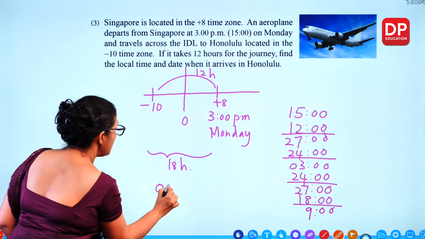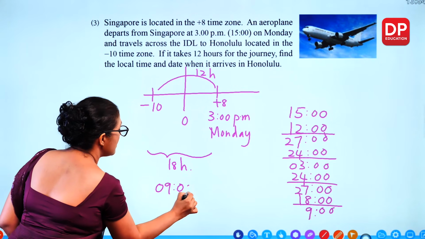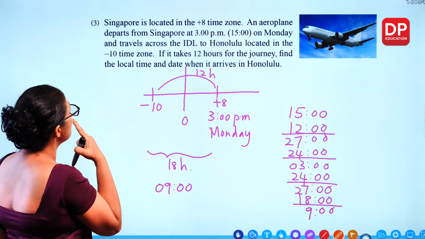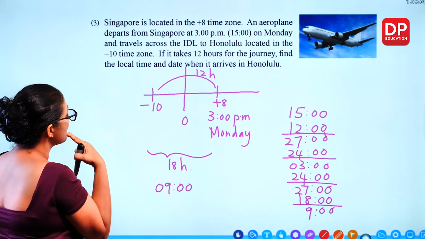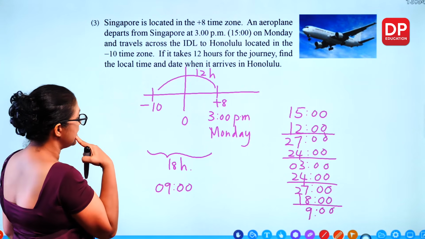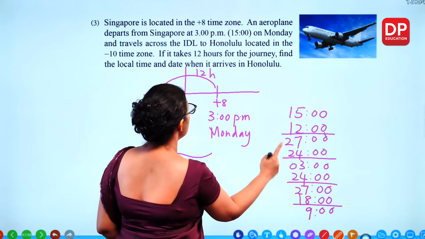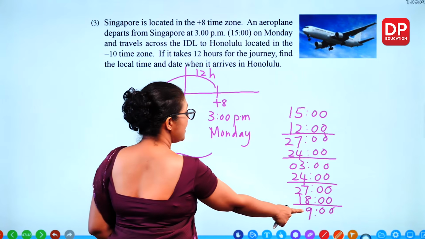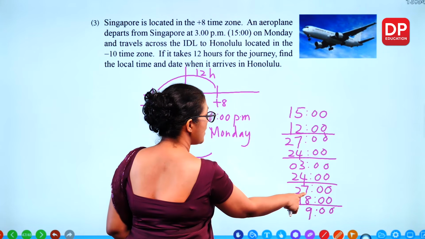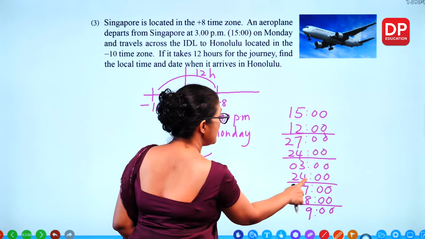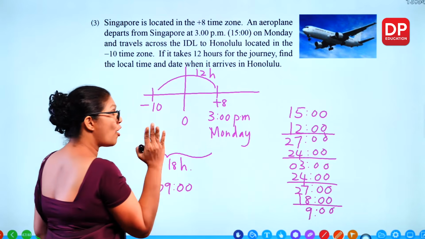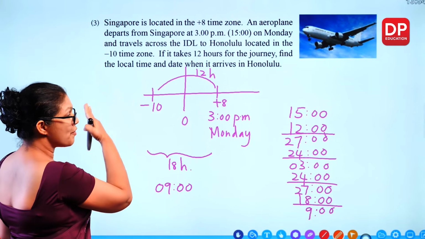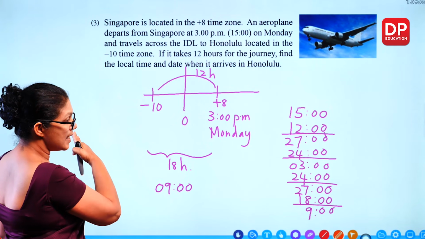So 9 in the morning. And what's the date? So date is here, this is 9 earlier. 27 means 3 in the morning. So subtract another 18.